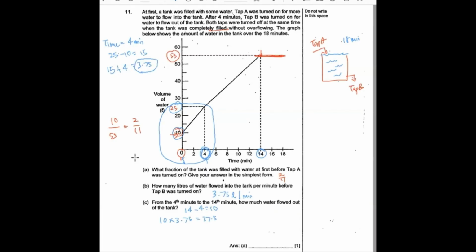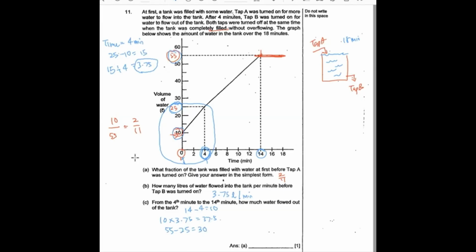But from 25 to 55, there's a change of 30 liters, which is less than 37.5.